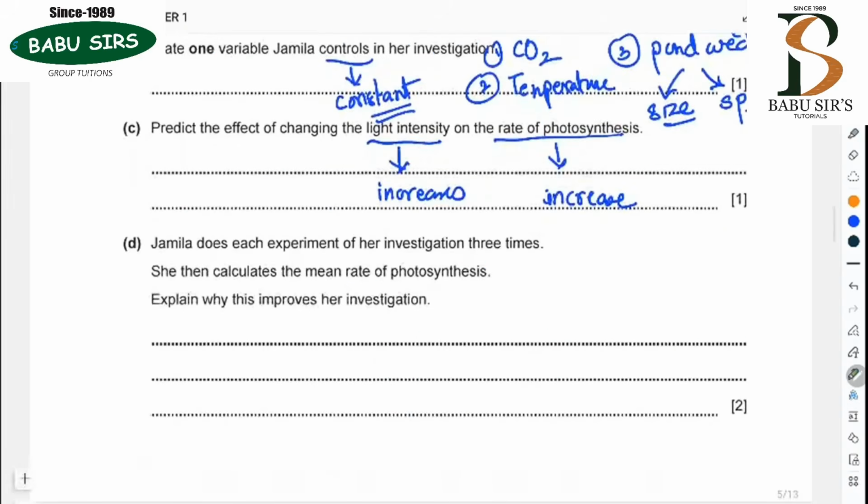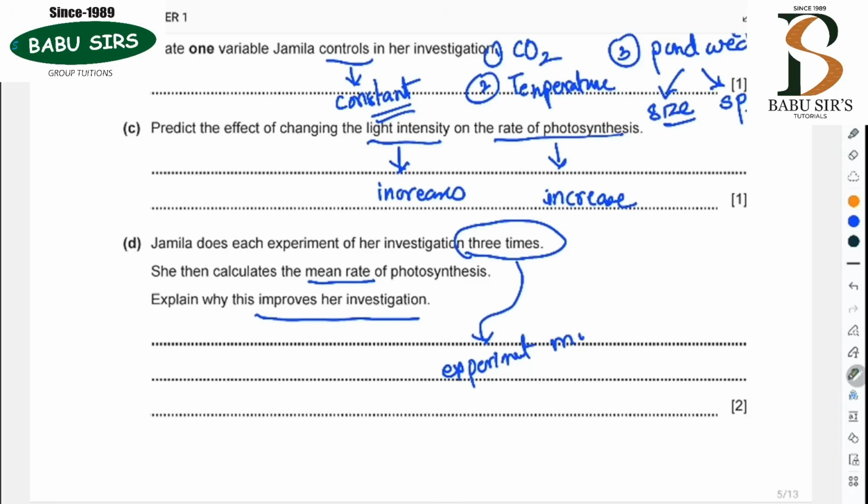Jamila does each experiment of her investigation 3 times. Then she calculates the average. Mean is the average of photosynthesis. Explain why this improves the investigation. So once you do an experiment multiple times, your accuracy increases.